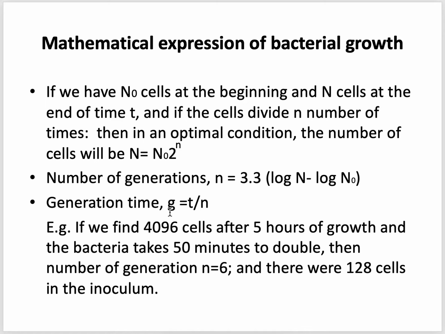By using this equation we can easily calculate the number of generations, small n, and once we get the value of small n, we can easily calculate the initial number.